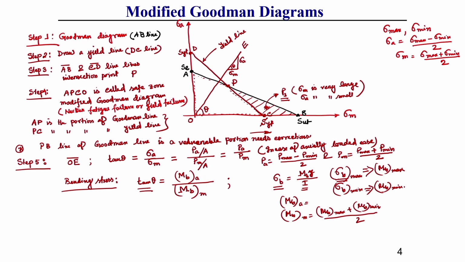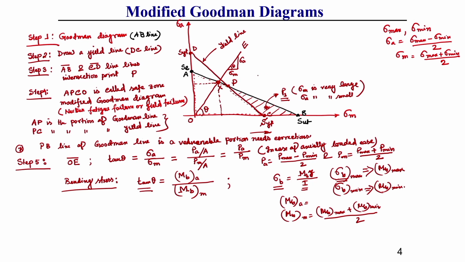Here, let us consider the point where the load line crosses the modified Goodman diagram, at a point x. This point x will have a mean stress value as well as an amplitude value.